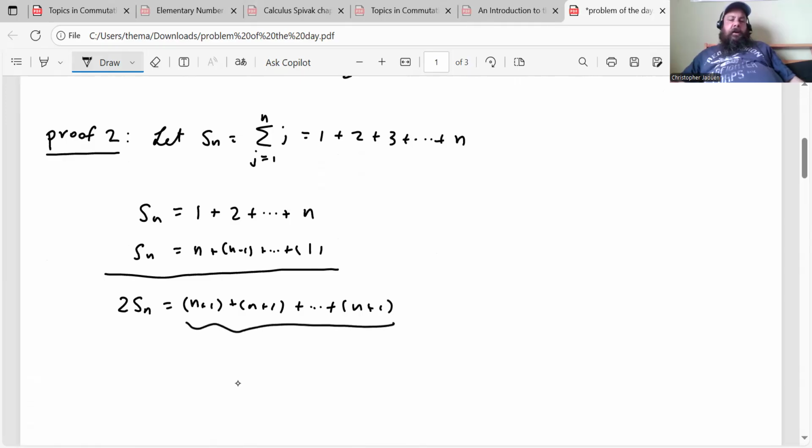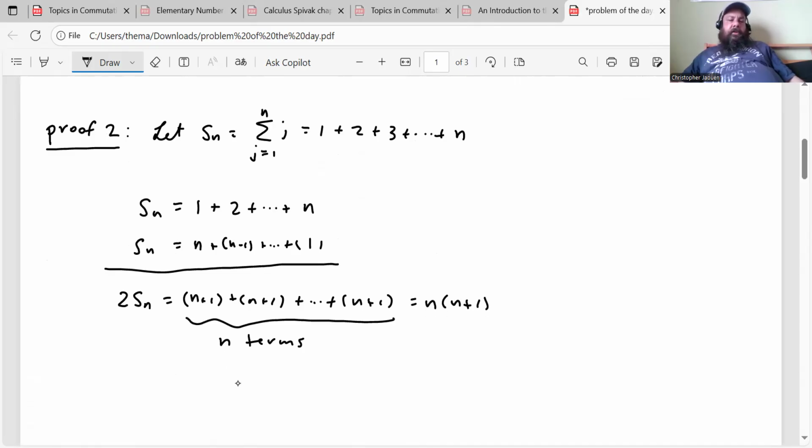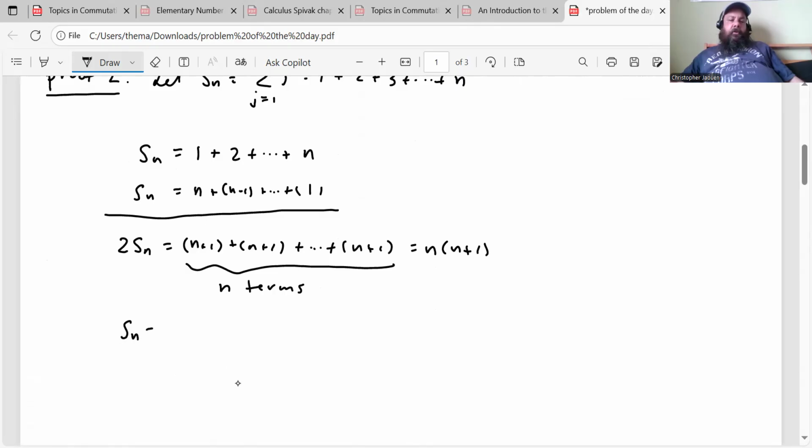And notice that there are n of these. So this is n times n plus 1. And then to solve for Sn, you just divide by 2.